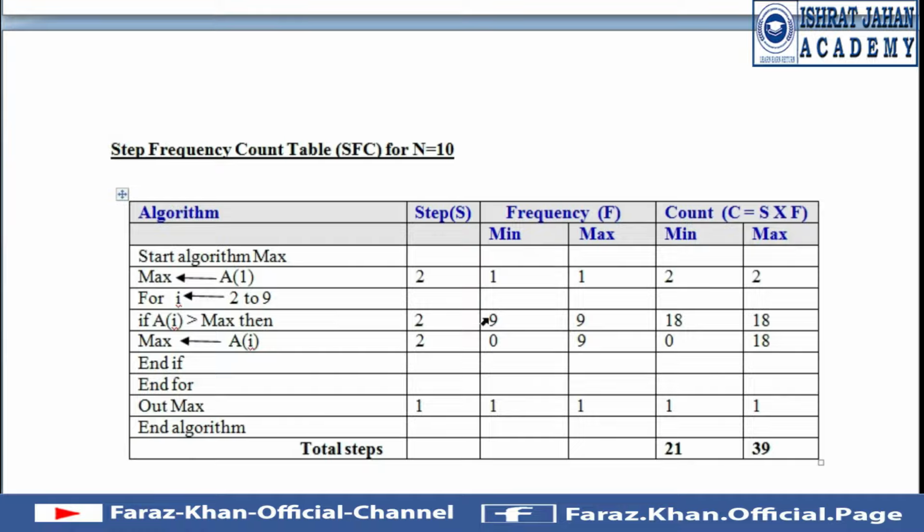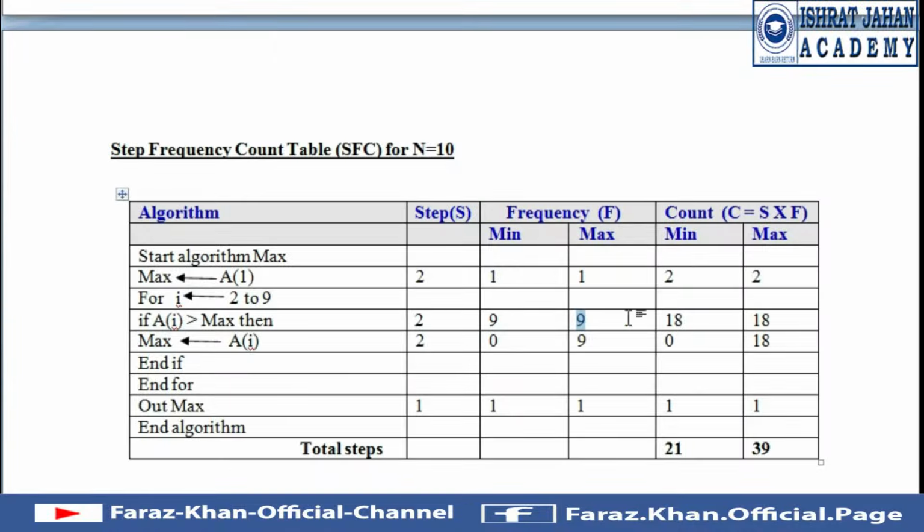It will compare values minimum 9 times and maximum 9 times. Why? Because whenever we find the complexity of an algorithm, we are always interested in the worst case, right? So it will take minimum 9 steps and maximum also 9 steps.